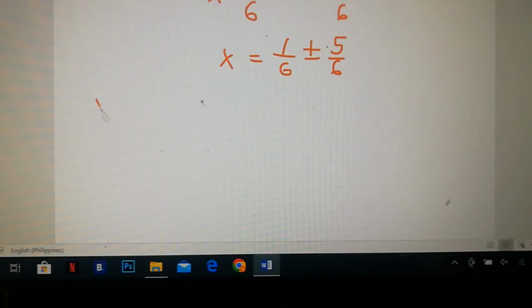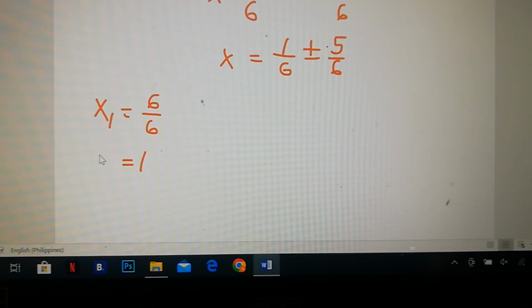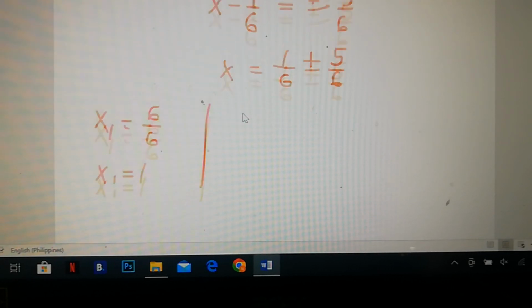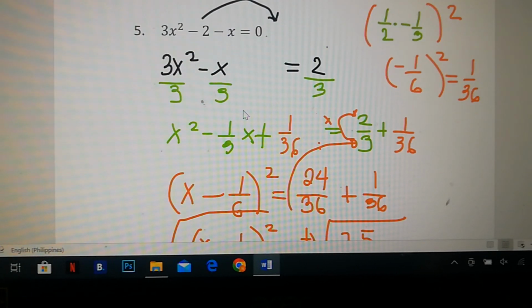So therefore our solutions are x sub 1 is equal to 1 plus 5, 6 over 6 equal to 1, and x sub 2 is it really equal to 1?